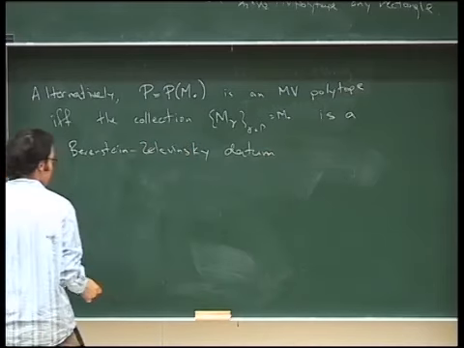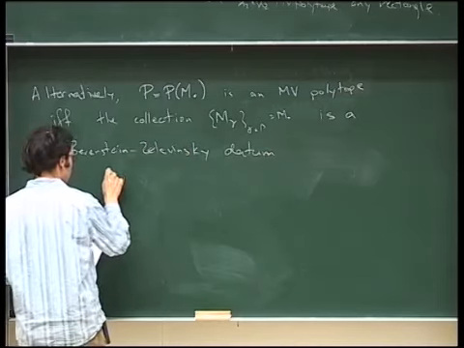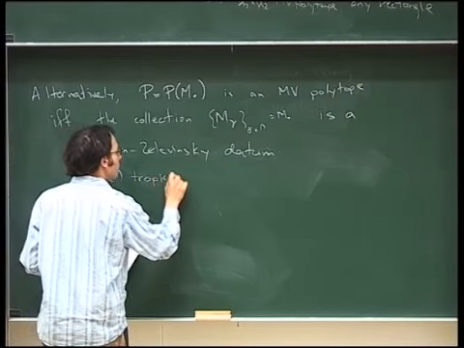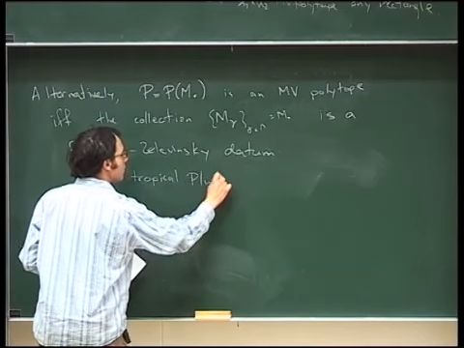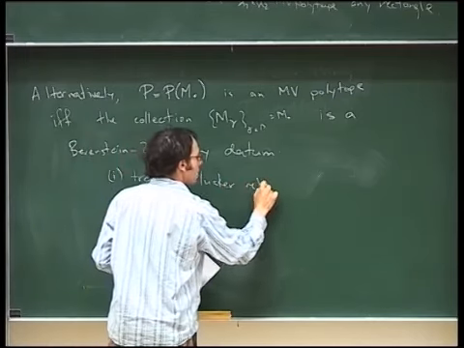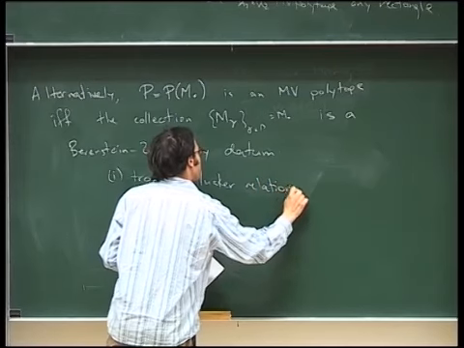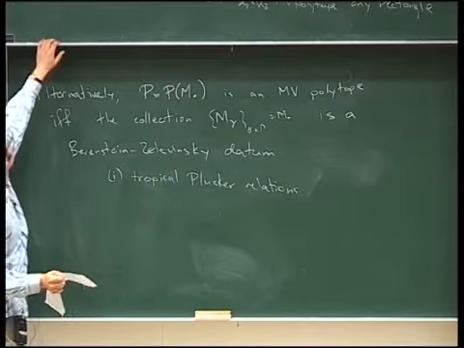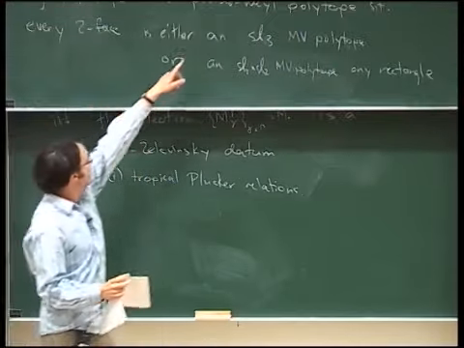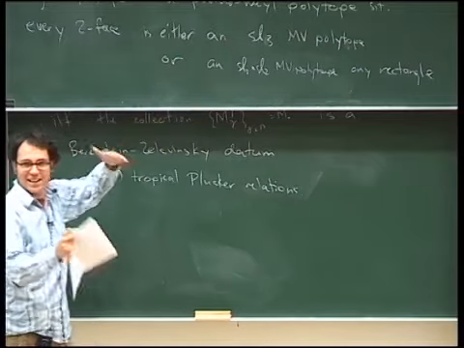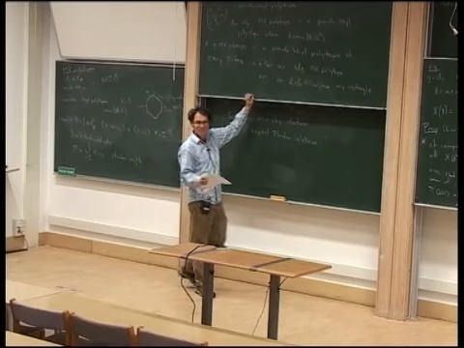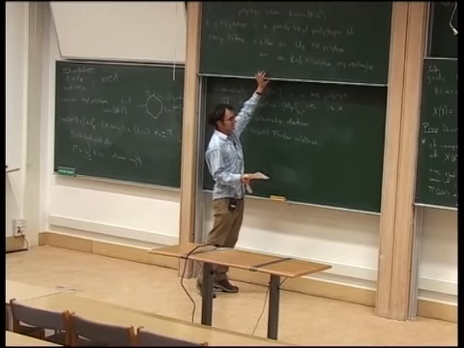Bernstein-Zelevinsky data means two things. One, that some tropical Plücker relations hold. This is basically taking this A equals max of B and C and rewriting it in terms of the positions of the hyperplanes. So it looks kind of similar: something equals max of two other things.